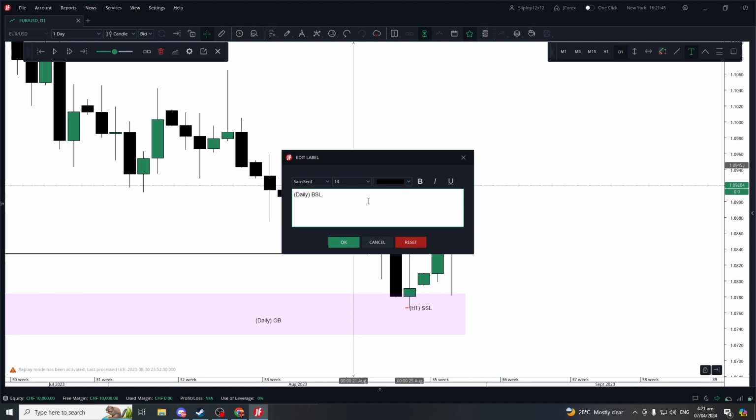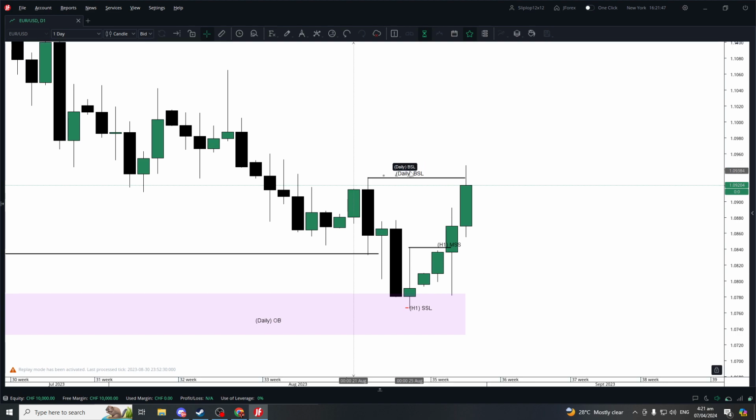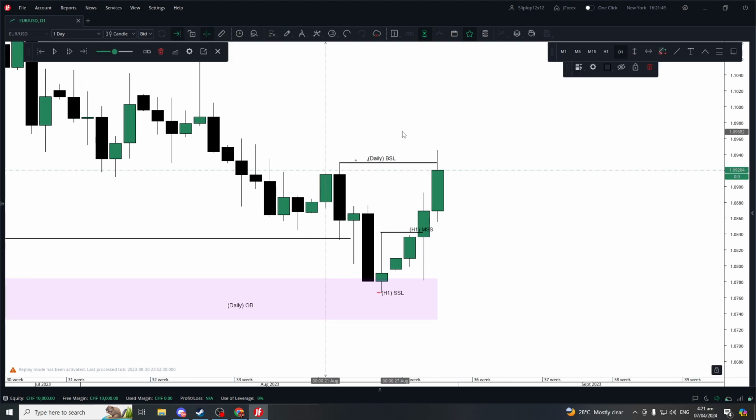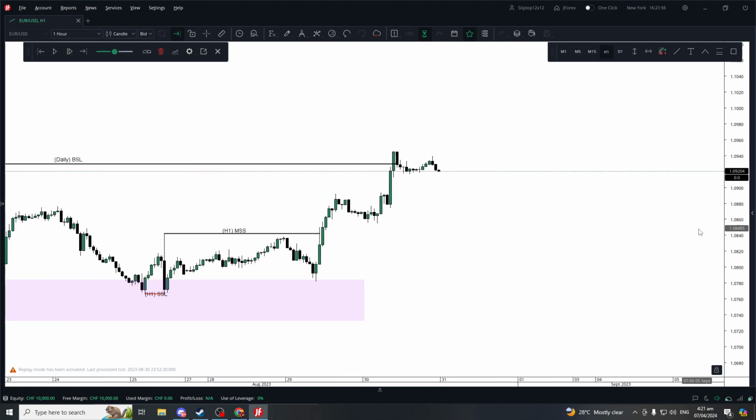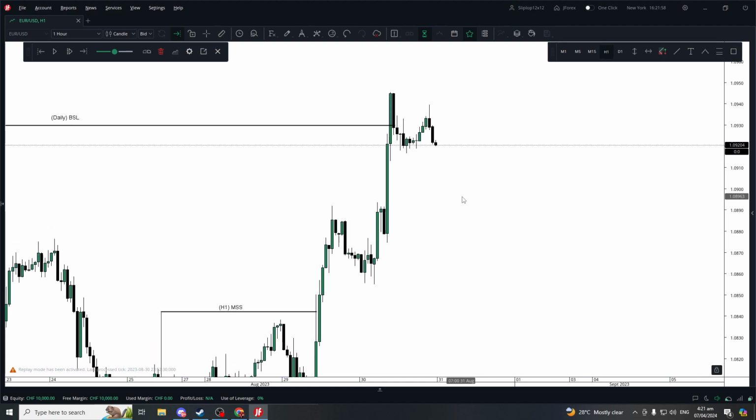Or let's just say buy side liquidity is the same. Now dropping that down to 1 hour, we should now be careful for long positions.